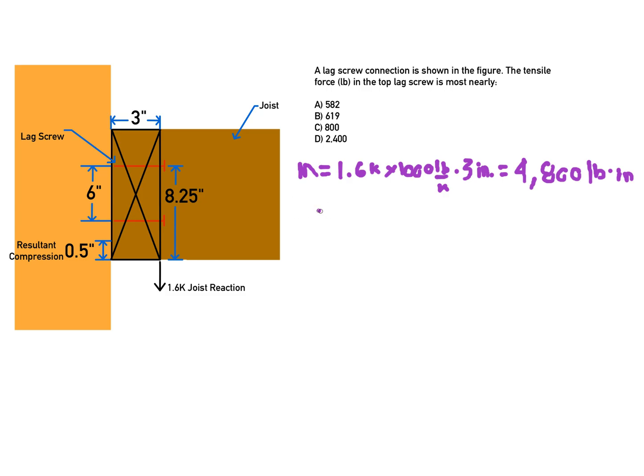So if we were to draw this out, we have at the top screw tension, and then at the bottom we have compression, right? And so what we want to do is figure out what that distance is. We'll call that the lever arm here, right?